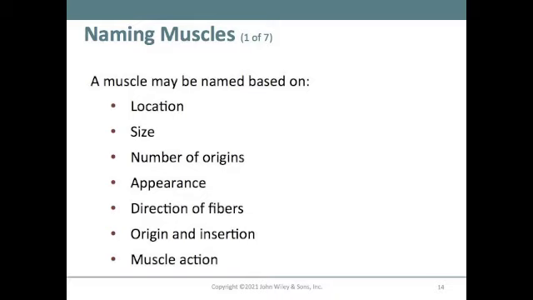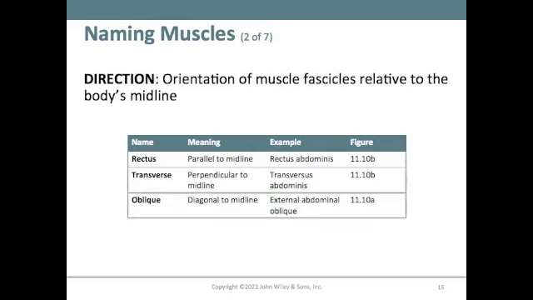Remember what I said a few slides ago, that the reason it's called biceps brachii is because it has two origins. Triceps brachii, it's three origins. So there's a number of ways that they name muscles, and you can see all of these here on the table I mentioned, 11.2.